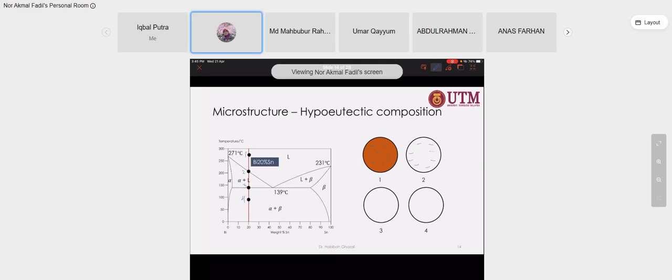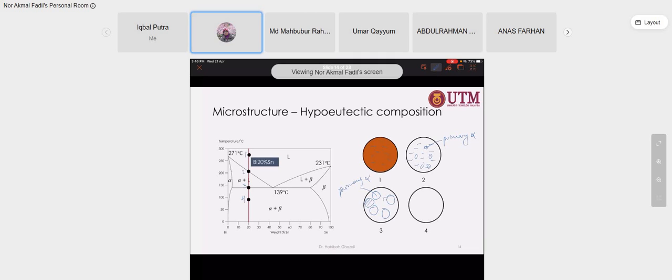And point number 2, inside the liquid there are, okay, primary alpha, and it grows upon a reduction of temperature. So now alpha, when it reaches point number 3, alpha will stop forming. And what you can see at this point, the lamella, this is primary alpha.